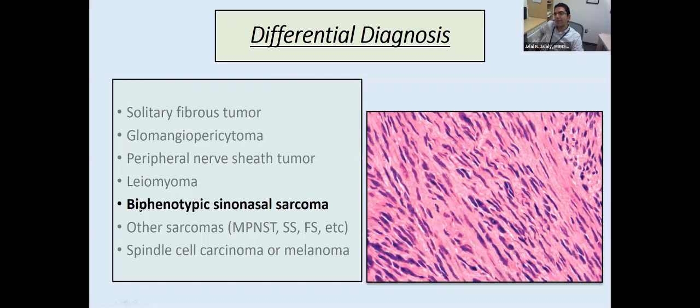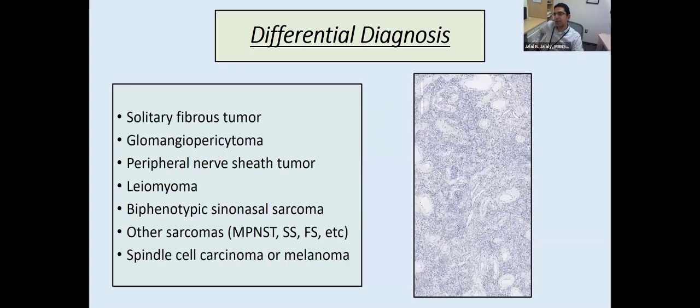It is called biphenotypic because these tumor cells will stain both with myogenic markers as well as peripheral nerve sheath markers like S100. So that will be in the differential diagnosis as well.